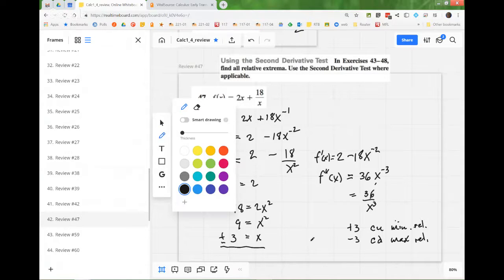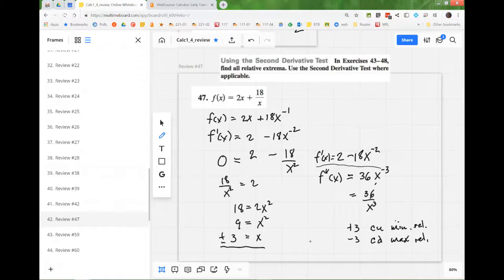Yes. All right. So all I did in this portion is repeat the first derivative. That's this written with a negative exponent. And then I took the second derivative. The second derivative of 2 is 0. The power rule for negative 18x to the negative 2 gives me plus 36x to the negative 3. Okay. Now what I didn't write here, let me change colors to red. What's f double prime at 3? Why 3? Because it's one of these two over here.